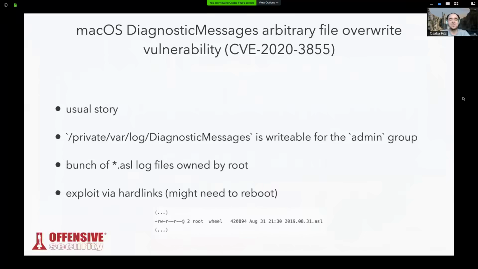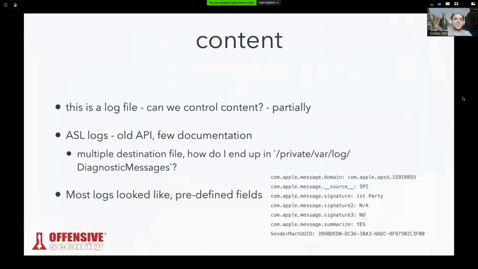When you put your hard link there, you might need to reboot the system so it will actually use that hard link. But again, it's the standard story with the redirection. Now, this is the log file, so there is a potential that we can control the content, and yes, we can, but unfortunately only partially.